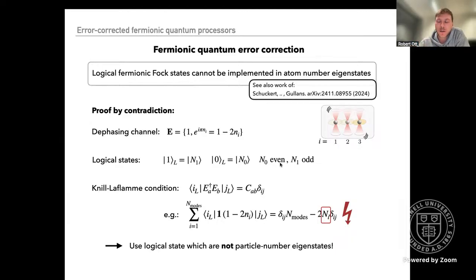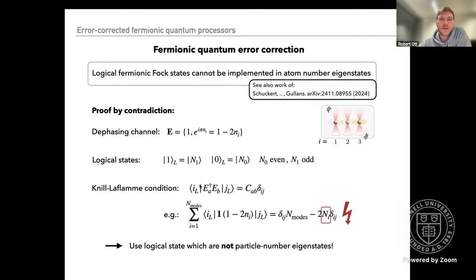Because the total parity of this thing should correspond to the fermion parity that you have in your model. And the total parity is the product of the parities of all your physical atoms.